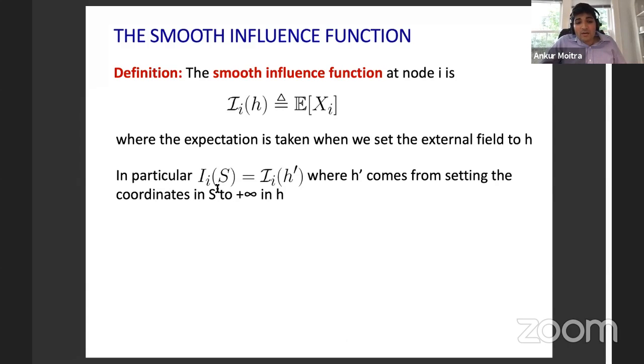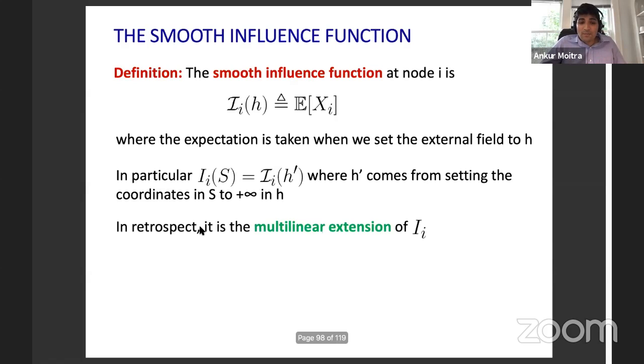Because in particular, imagine I want to simulate pinning the spins in the set S to +1. What I can do is take some external field, some vector H, and set all the coordinates in that external field that correspond to S to +infinity. If your external field is infinite, that node is essentially pinned to the spin +1. So the smooth influence function is just a continuous extension of the discrete influence function.